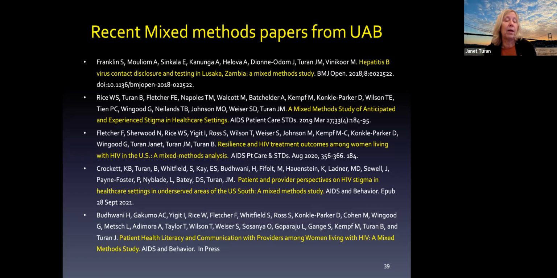These manuscripts have done very well. You need a longer word count to accommodate both qualitative and quantitative results. That's another issue, but I think it's a really useful tool for the implementation science space as well.